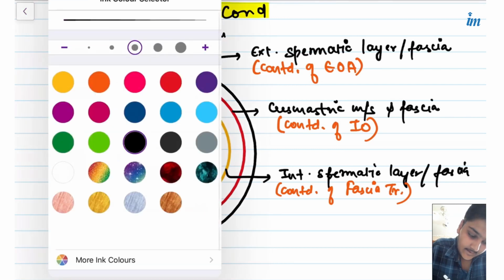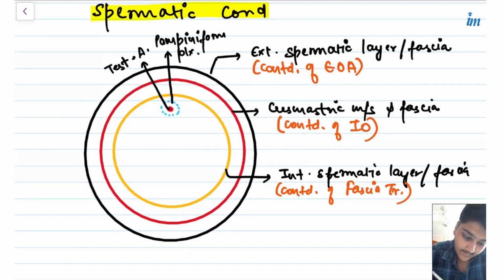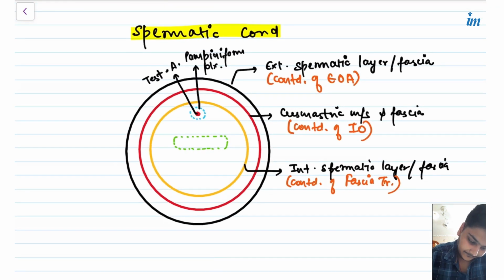Now here we also have a remnant of processus vaginalis. In the last video we discussed the processus vaginalis, that it is a fetal structure present in the fetal scrotum that helps in the development of the tunica vaginalis of the testes. So here we have the remnant of processus vaginalis in the spermatic cord.